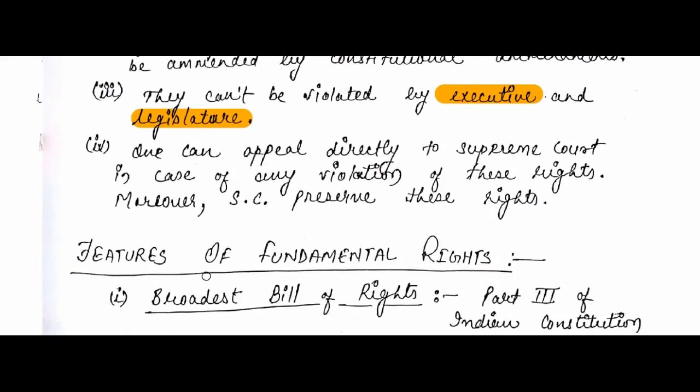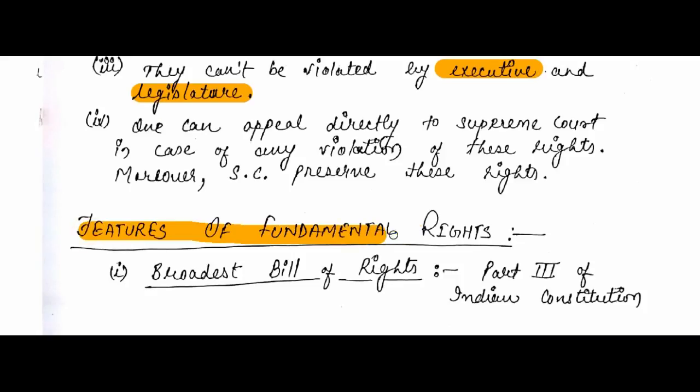Okay. Now comes the features of fundamental rights. See, in half of the answer we have shown what is fundamental right, what are the necessities for fundamental rights, and why they are called fundamental rights. So half of the question was what are fundamental rights, and we have answered it very precisely.